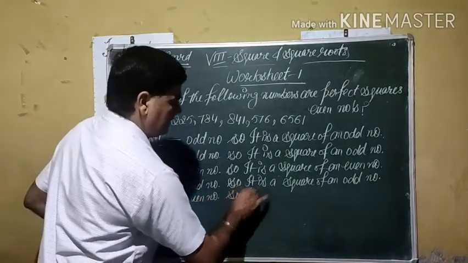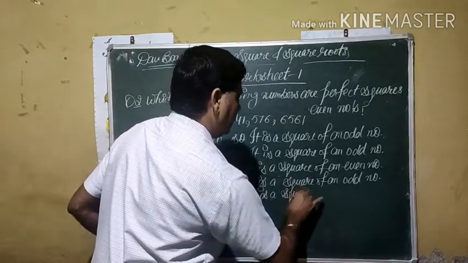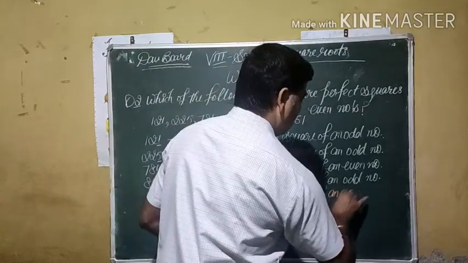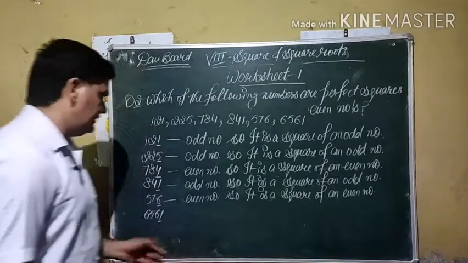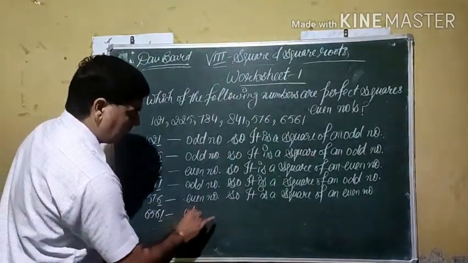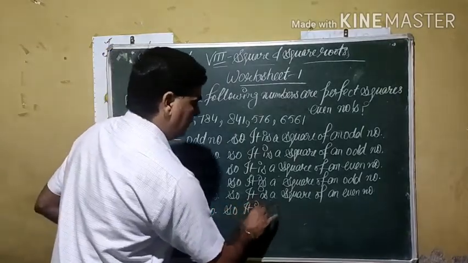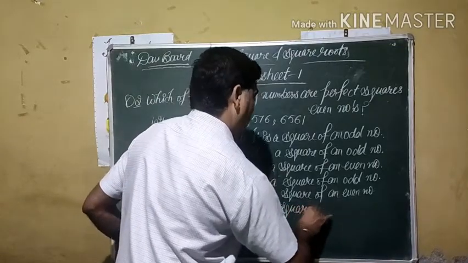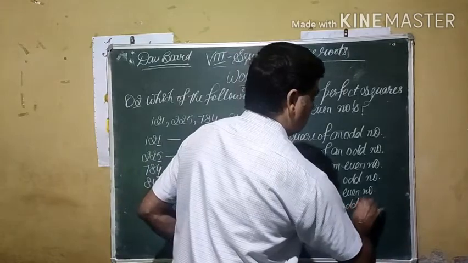So it is a square of an even number. Next, if you see here 6, 5, 6, 1 is an odd number, so it is a square of an odd number.